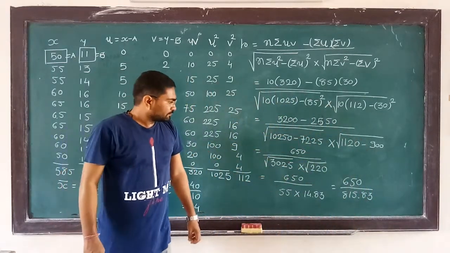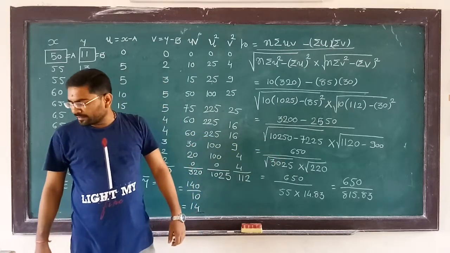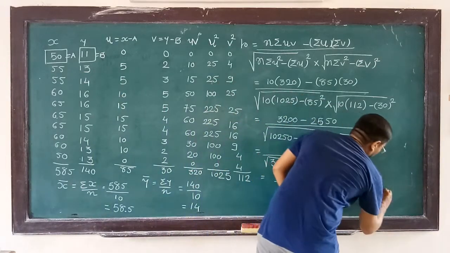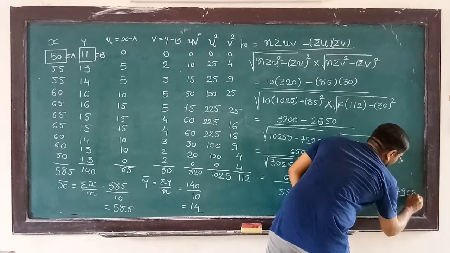Dividing 650 upon 815.83 is equal to 0.7968.